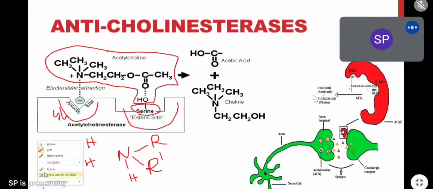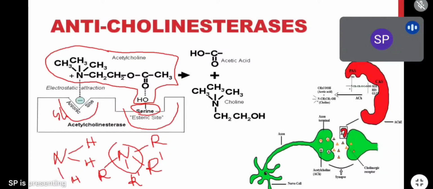If nitrogen has three alkyl groups, it is a tertiary ammonium compound. And if the same nitrogen has four alkyl groups, or four R groups, then it is called a quaternary ammonium compound. I think you understood this basic thing.